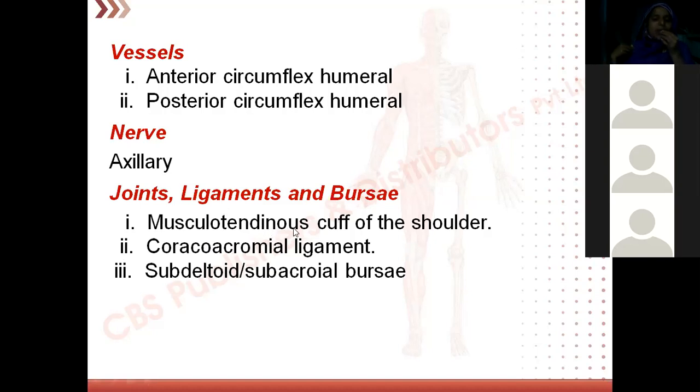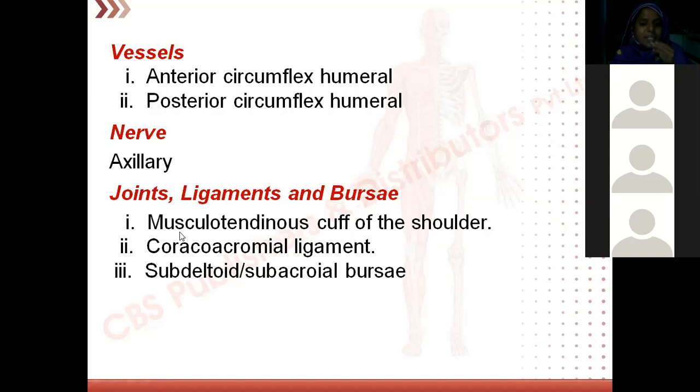Because shoulder joint is a structurally very weak joint. We have seen glenoid cavity is shallow, head of the humerus is quite big, so the congruence is not so good. Glenoid cavity being so shallow cannot support the head of the humerus well. So there are many other structures surrounding it which add to the stability of the shoulder joint.